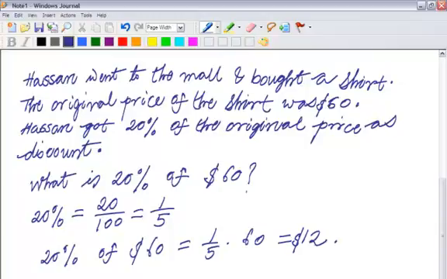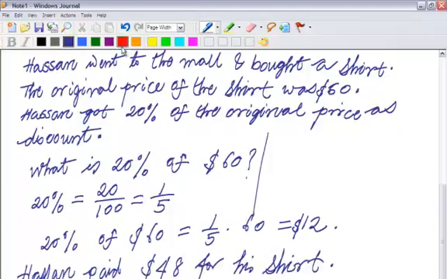So Hassan basically paid $48. This red thing here, that's the same as saying 0.2 multiplied with 60, and that's the same as 12. Okay, so in any case, what you need to remember is that if you want to find a certain percentage of a quantity, you multiply that quantity by that percent.